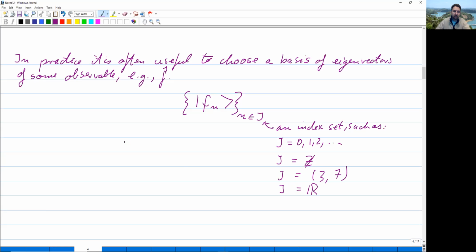And we would have that f hat, our operator, applied to any one of those fn vectors would be fn, fn. Now that's a lot of fn's in here. Let me just clarify that. This is, of course, eigenvector. This would be an eigenvalue, so this is a number. So this thing better be in the Hilbert space, but maybe not.